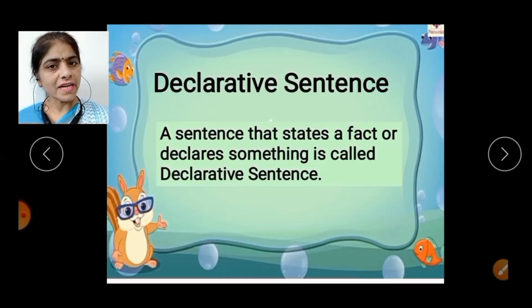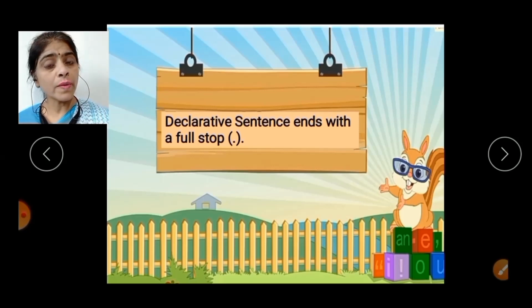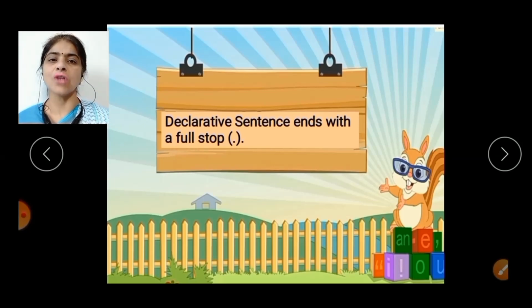So what is a declarative sentence? A sentence that states a fact or declares something is called a declarative sentence. Always remember one thing, that a declarative sentence begins with a capital letter, but it always ends with a full stop.